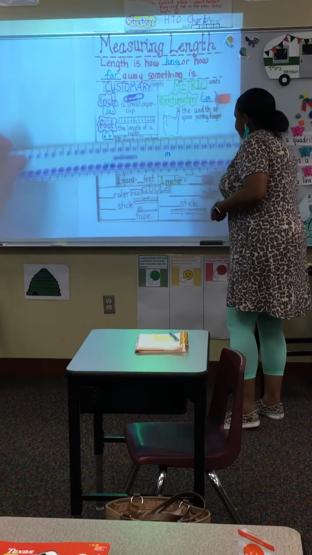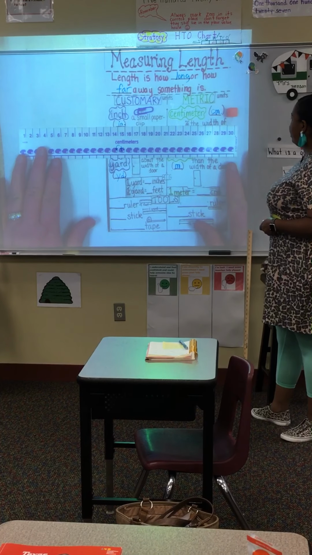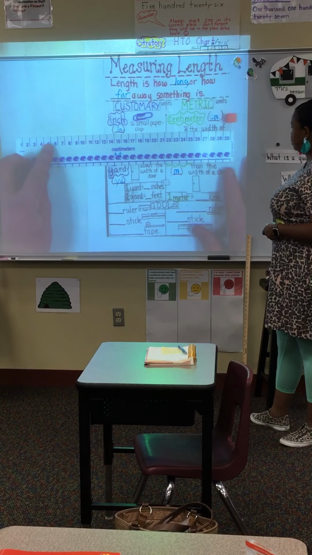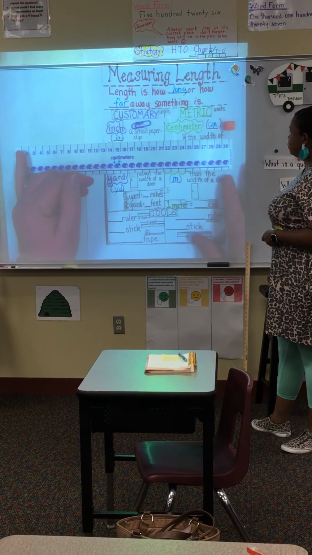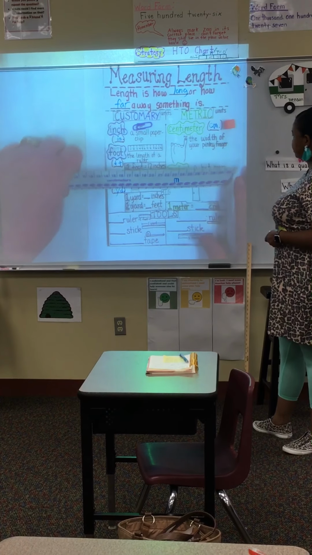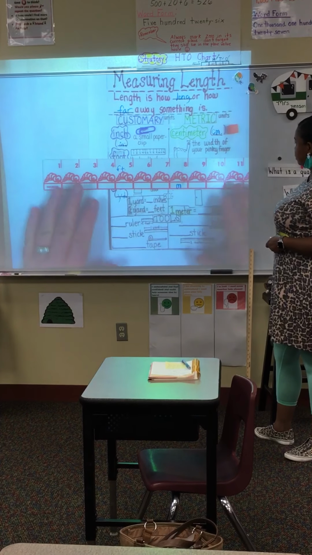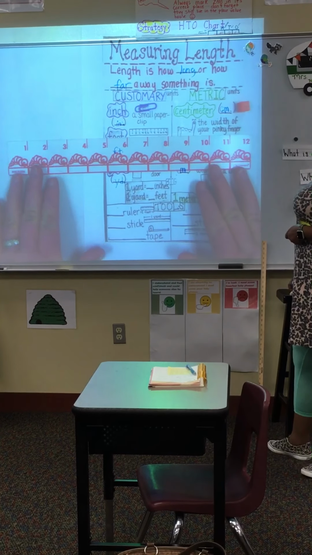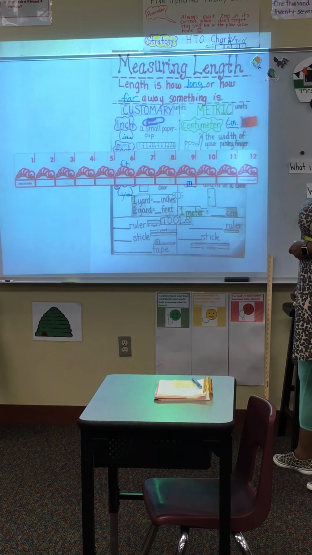Then we have our centimeter ruler. You can see that the numbers are really close together, about the width of your pinky. I noticed on the inch side, it only went to 12. And on the centimeter side, the ruler goes all the way to 30.